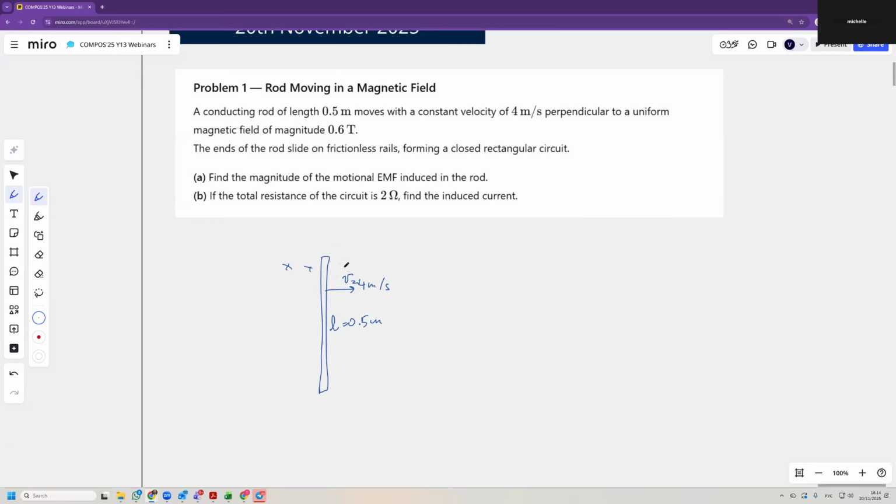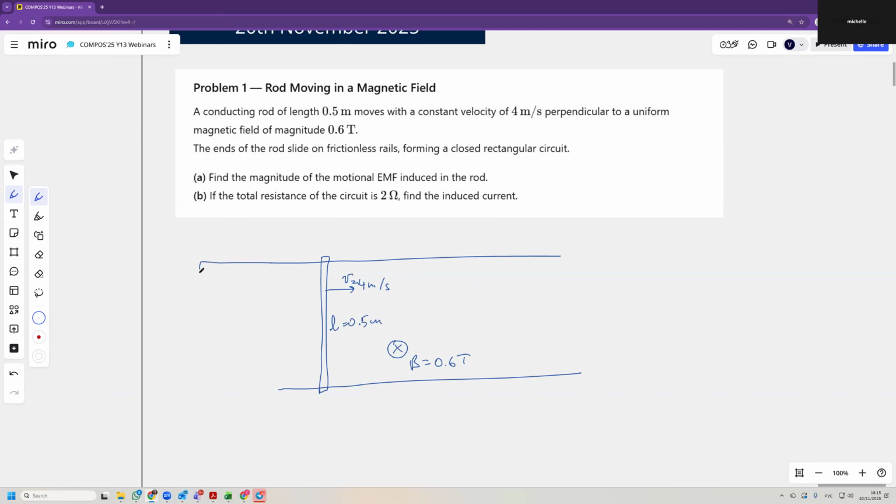So there's a magnetic field here, which is 0.6 Tesla. The ends of the rod slide on frictionless rails, forming a closed rectangular circuit.